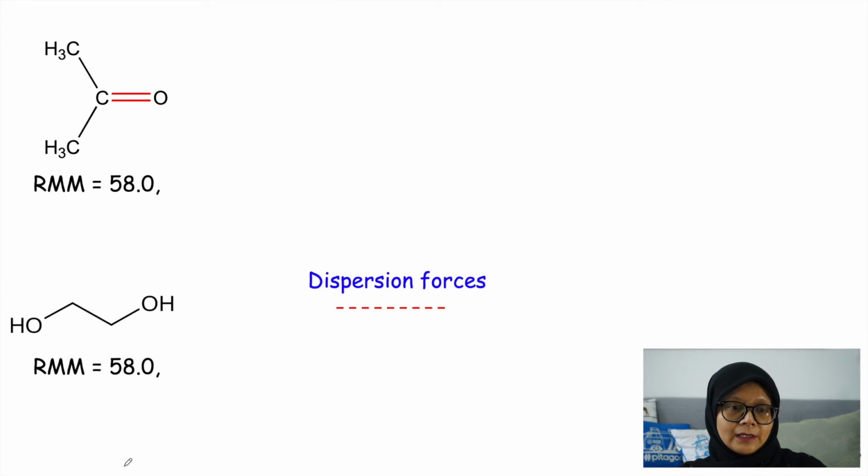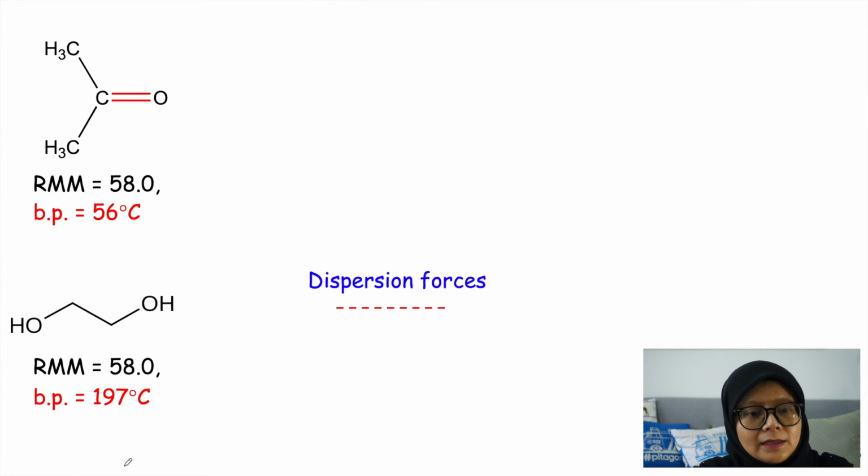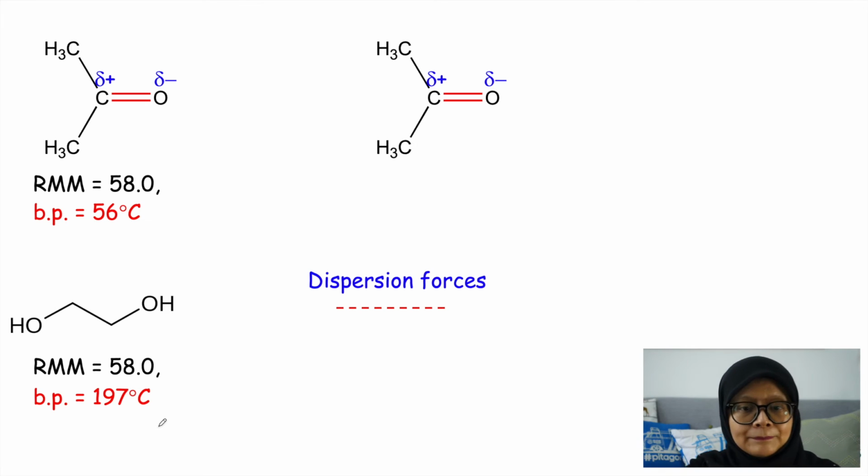Here, this is an example of acetone and ethylene glycol, and they have quite a large gap in terms of boiling point. Acetone is 56, while the boiling point for ethylene glycol is 197 degrees C, and they have a similar relative molecular mass, 58.